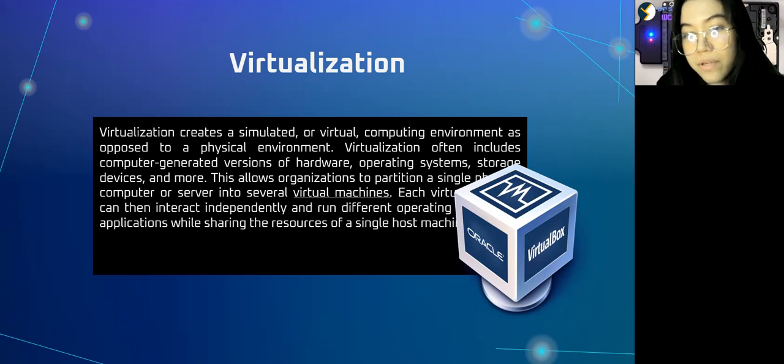But with VirtualBox, or let's say virtualization, it allows you to explore Linux without actually having the operating system installed on your device, or on the memory or the storage of your device. It's like you can use it, but it's not actually on it. It is not actually installed on your device. That's simply how it is.